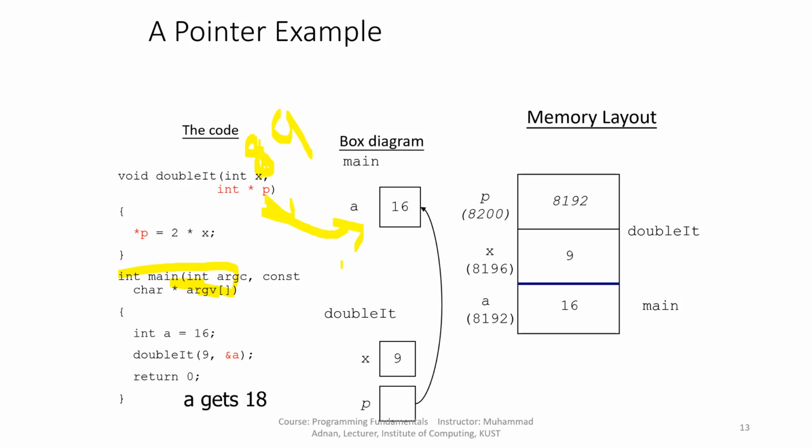And a has the value of 16. So what it does, we go to this location and we multiply 2 with x. x has the value of 9, so 2 multiplied by 9 is 18.